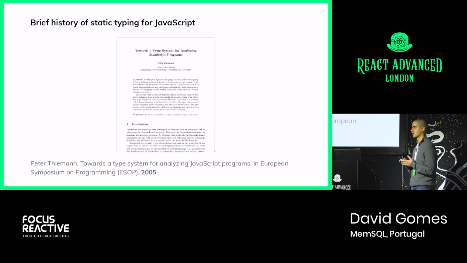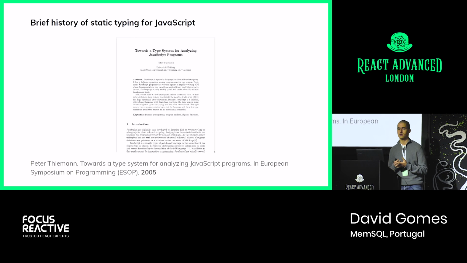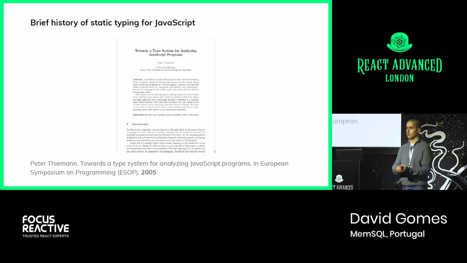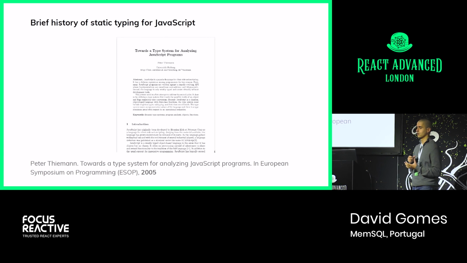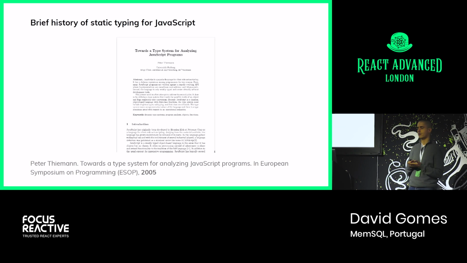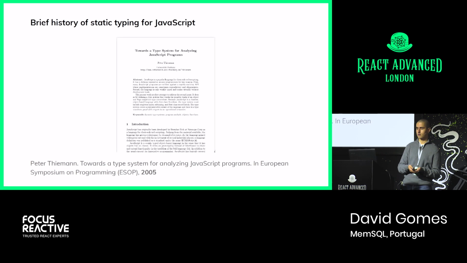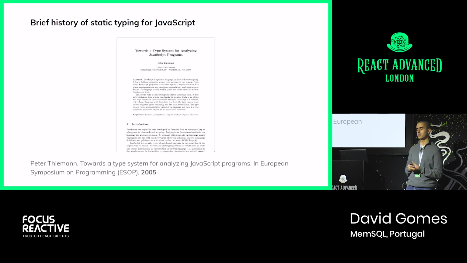And in this paper, the author, Peter Thiemann, starts by drawing out a subset of JavaScript that only focuses on object operations. And then he tries to find type errors around object operations: object property access, object property setting, deleting of object properties.